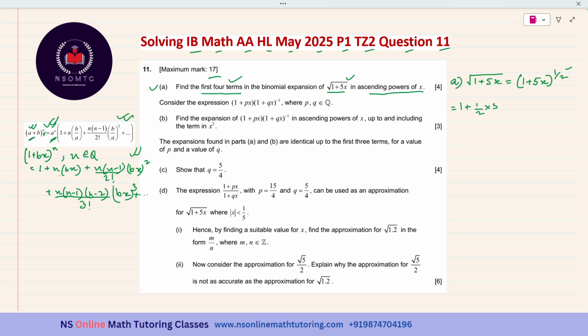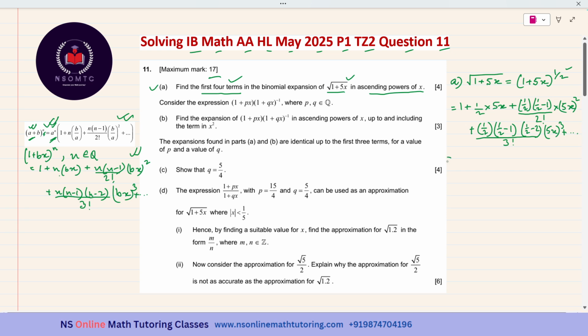Half times 5x plus n times n minus 1 over factorial 2, so it is half times half minus 1 over factorial 2 times bx whole square, so 5x whole square, plus n times n minus 1 times n minus 2, so half times half minus 1 times half minus 2 over factorial 3, 5x whole cube plus dot dot dot.